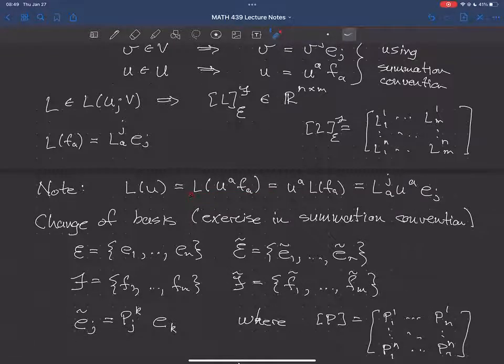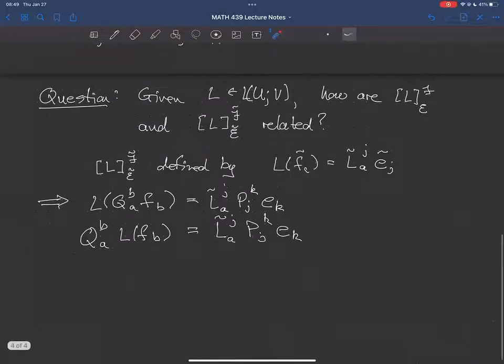I have a formula for L of F B, which is the definition of the matrix representation of L in the untilded basis, so I want to get rid of that. What I'm going to do is multiply this equation by Q inverse.